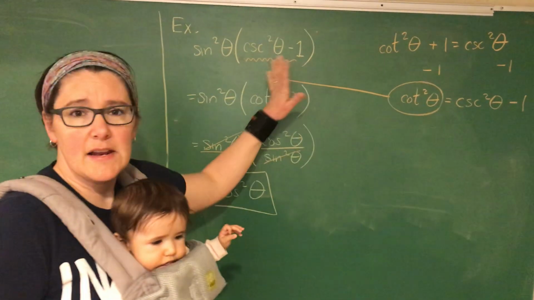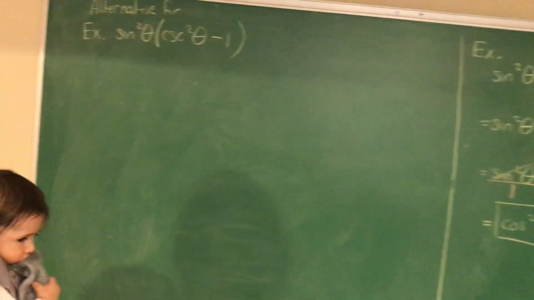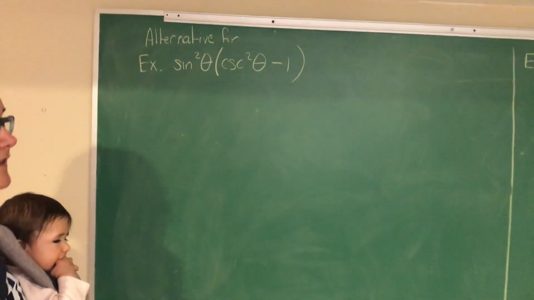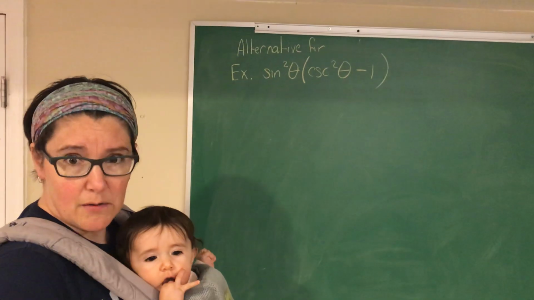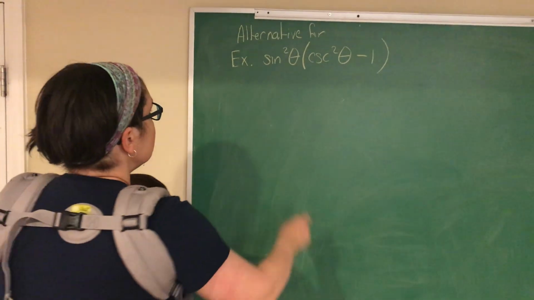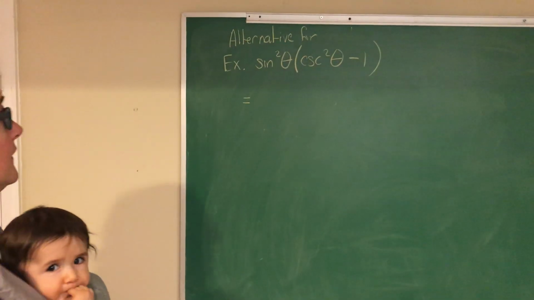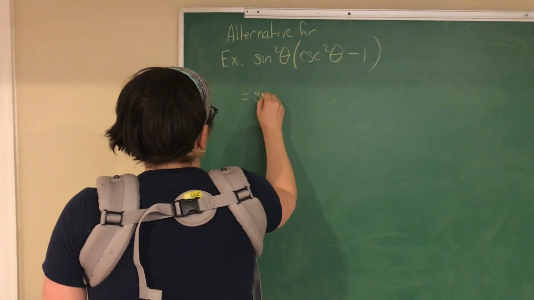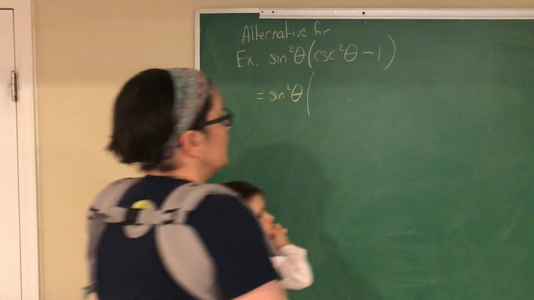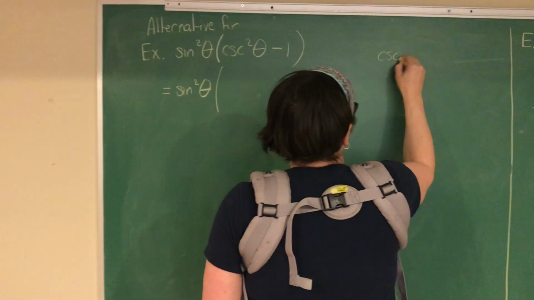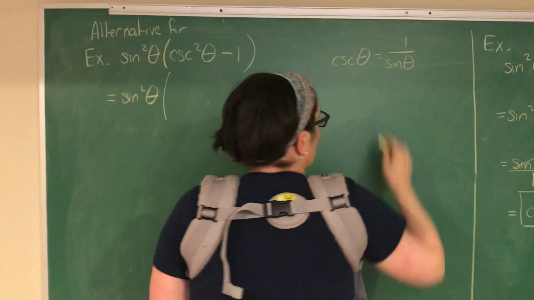If I didn't see that idea at the beginning, here's another way to think about this simplifying. I look at this and I say, I have no idea where to go. If I have no idea where to go, then what I want to do is turn every term into sines and cosines. So here we have a sine squared theta on the outside. Cosecant is the same as 1 over sine theta.